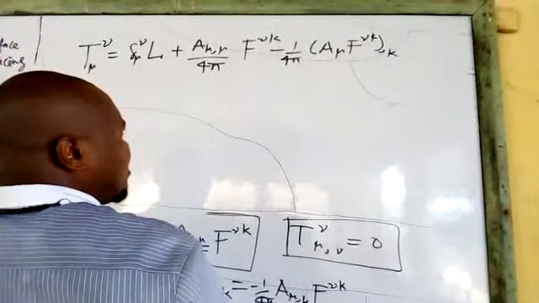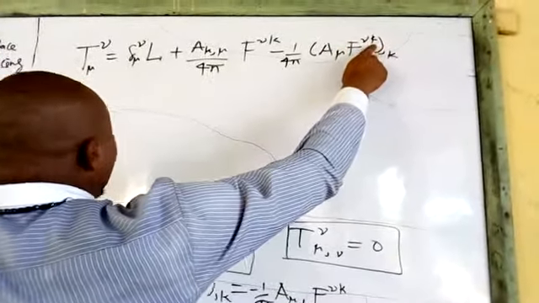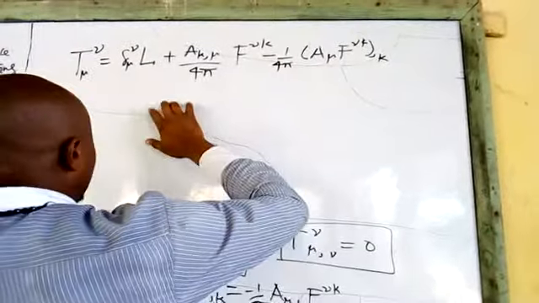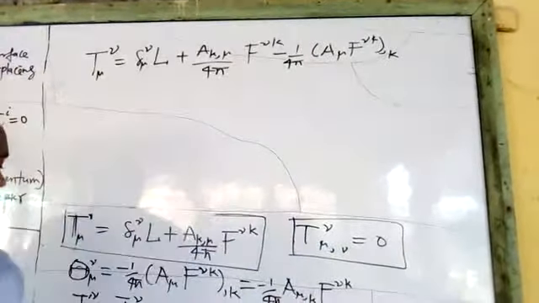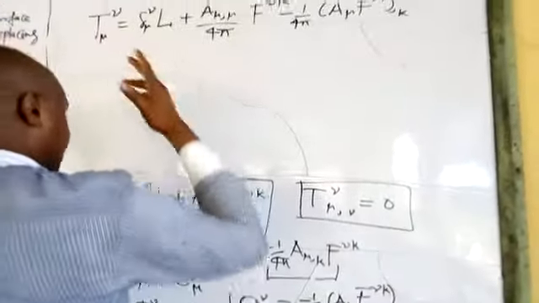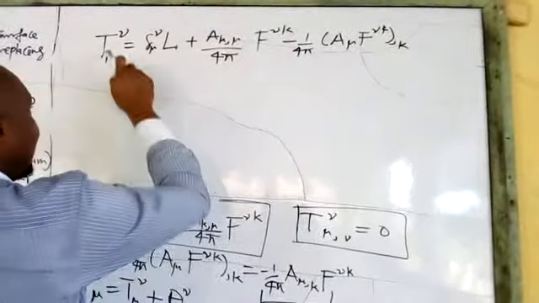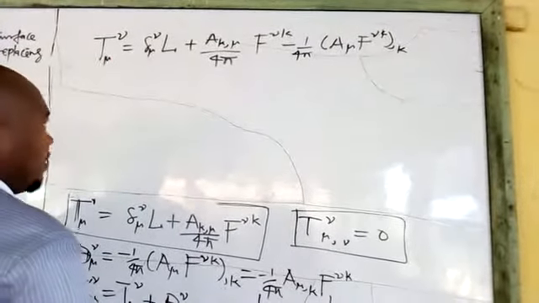This is antisymmetric in mu and k. And adding this term to this, of course, still gives us a conserved quantity, which again confirms what we've been saying, that this is not unique.